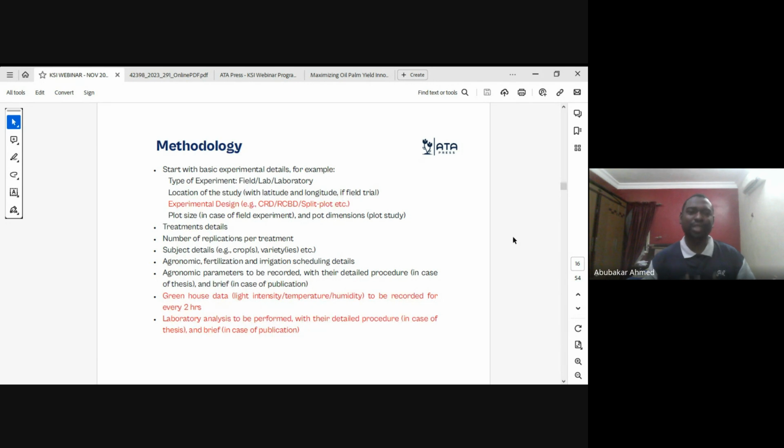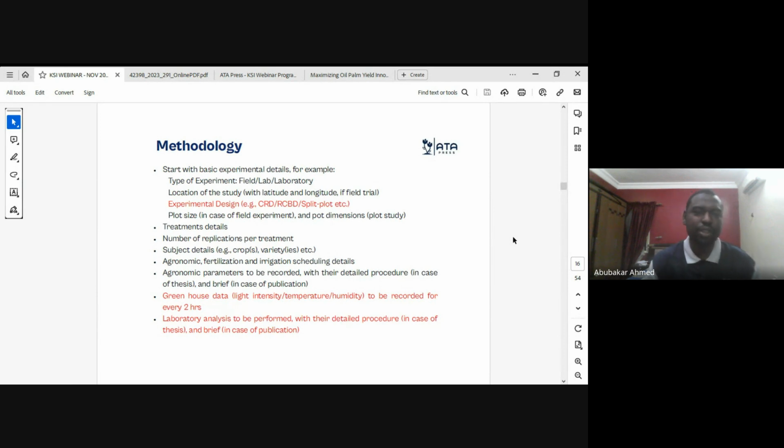Also the treatment details, you need to account for the treatment details in plot A, plot B, plot C. We apply N here, we apply K here, we apply P here. Then in our control plot, we apply NPK. And what are the treatment details? Maybe ratio 15, 15, 10, 15, 5, 5, 5, something like that.